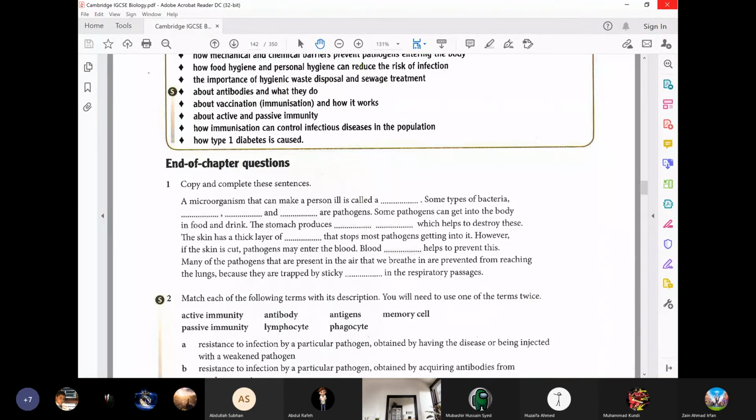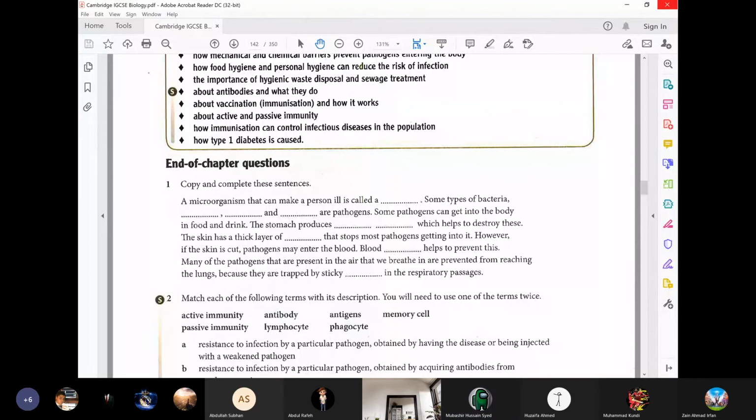Now, in that, what is included? Microorganisms: fungi, bacteria, protists, and viruses. All right.